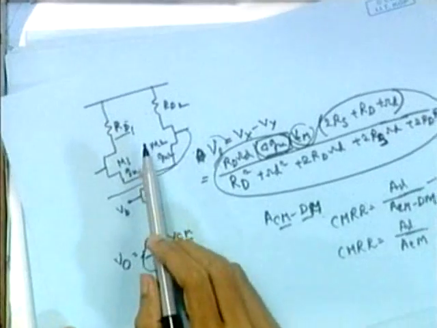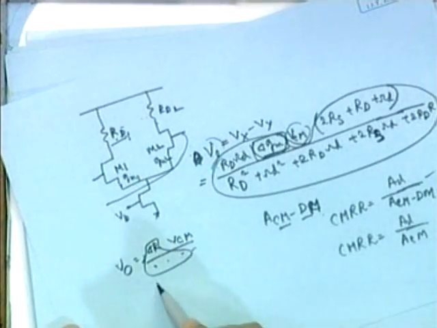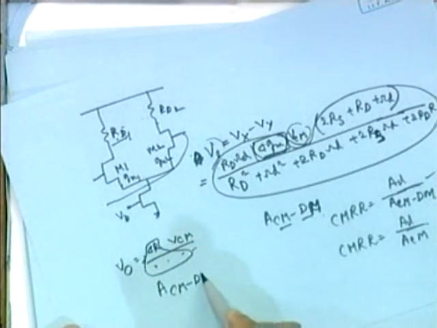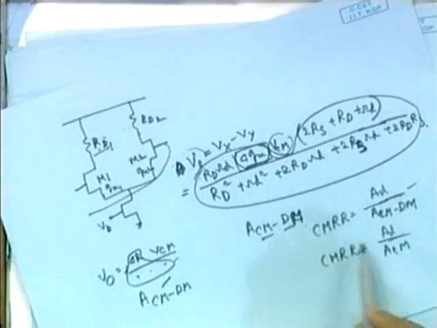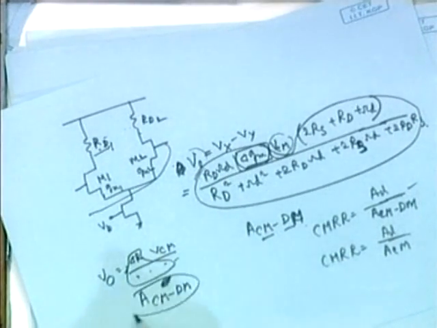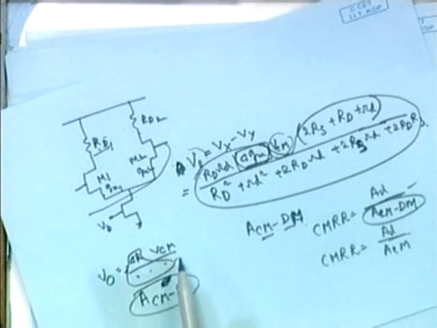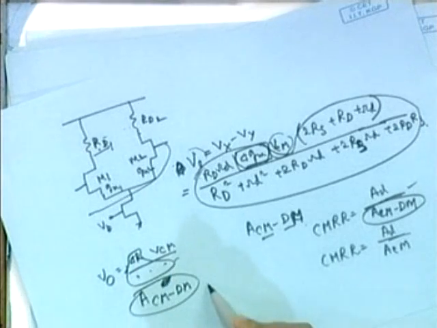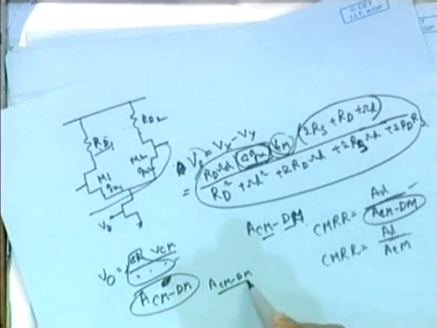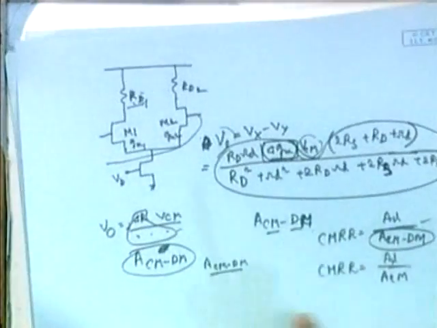So for a mismatch between the RDs, we will be having a different ACM-DM, and normally people will take the lower value of these two, delta GM or delta RD. They take the lowest of these, which will determine your actual CM-DM gain. So these are the effects of our non-ideality or mismatch.